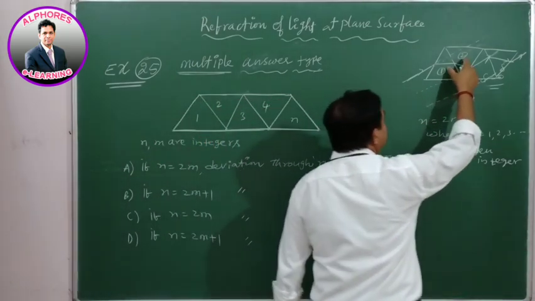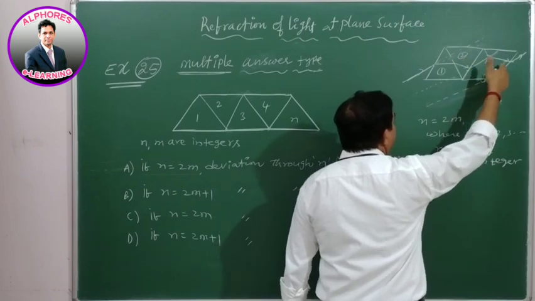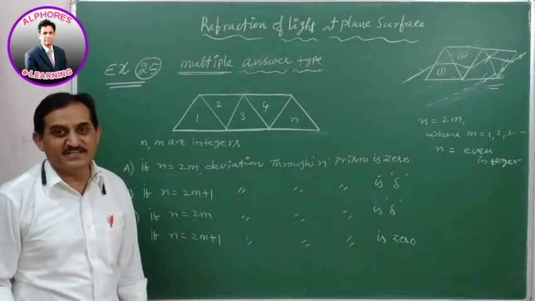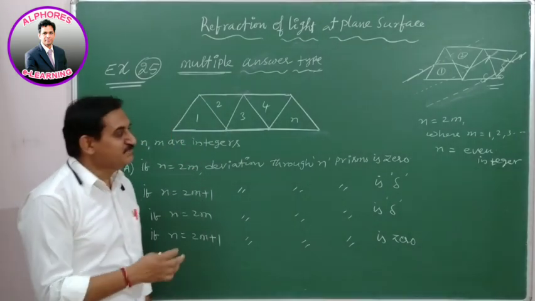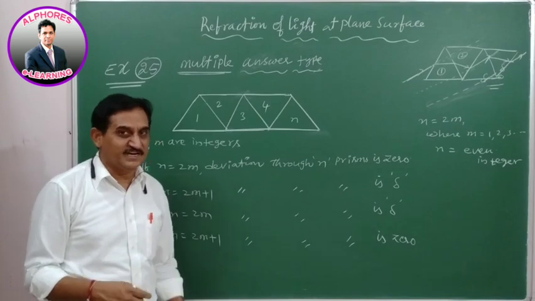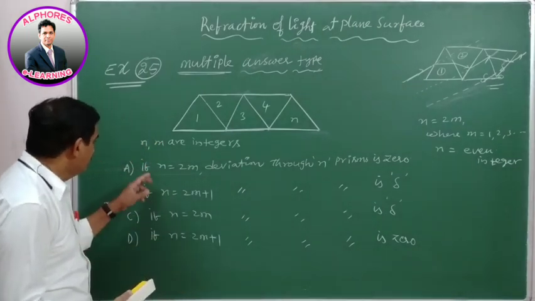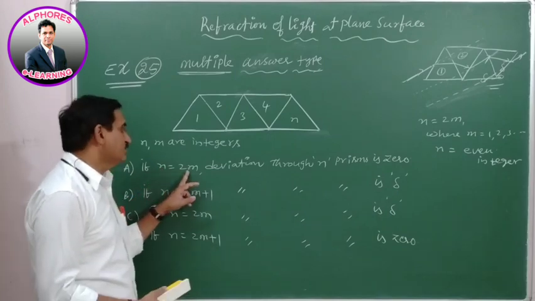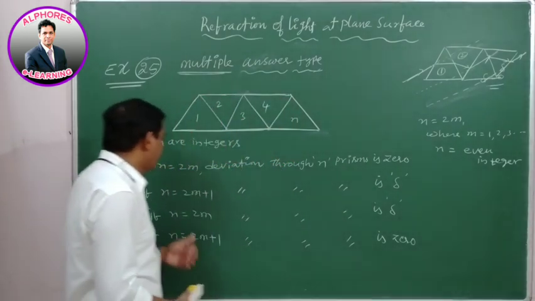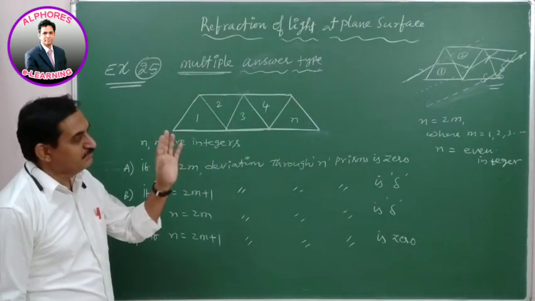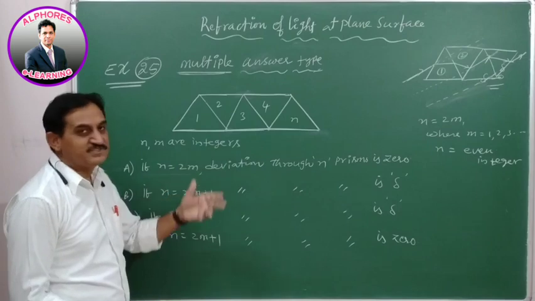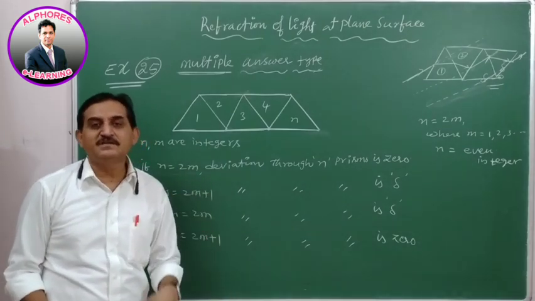If 2 prisms are used, net deviation 0, and 4 used, net 0, 6 used, net 0, like that for an even integer. If the number of prisms n is an even integer, the net deviation suffered by the light will be 0. Therefore option A is verified: n equal to 2m, deviation through the system of n prisms is 0, because m is equal to 1, 2, 3, 4, all giving an even number of prisms. For an even number of prisms kept in contact, deviation is 0.